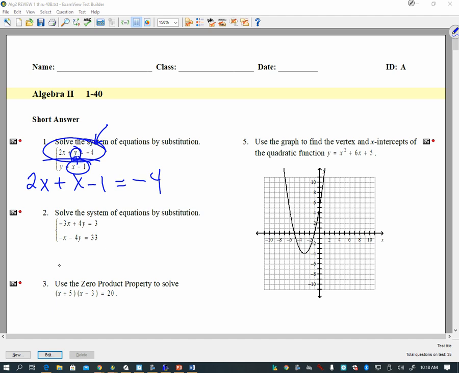How about combine like terms before you do anything? 2x and x is what? So I got 3x minus 1 equals -4.